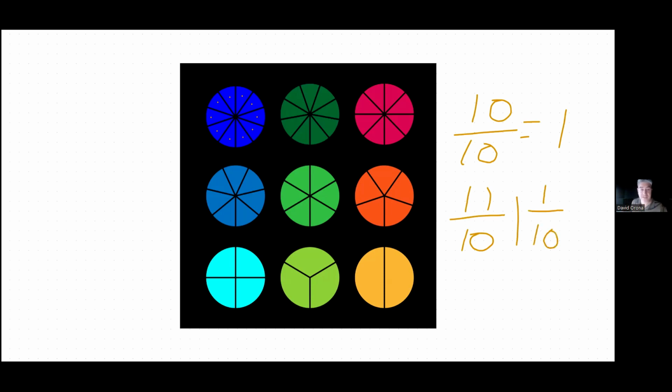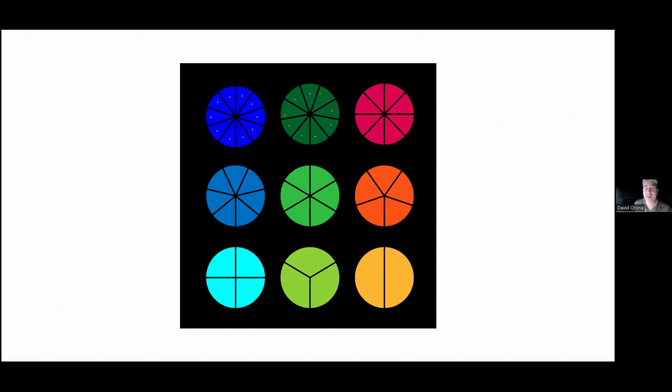These other pies here represent just different slices. The next one has 1, 2, 3, 4, 5, 6, 7, 8, 9 pieces. 9 pieces of pie. Same thing. It's one whole. So if you were to write that as a whole number, 9 over 9 is a whole number.